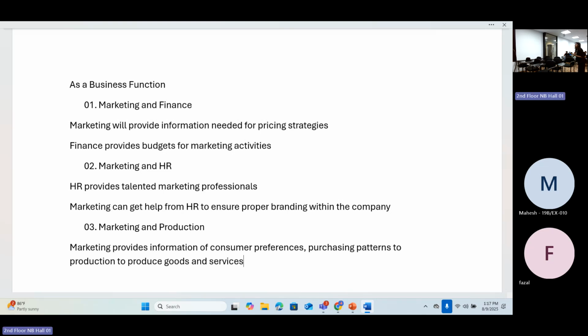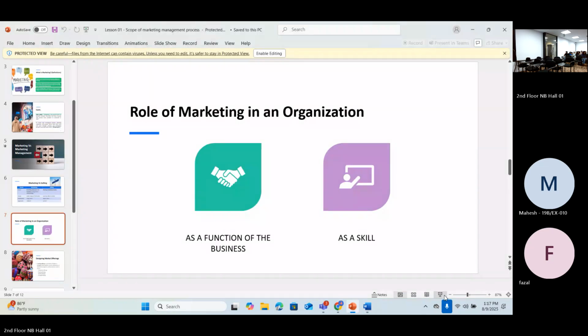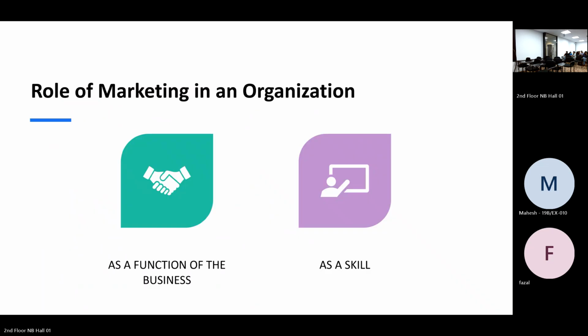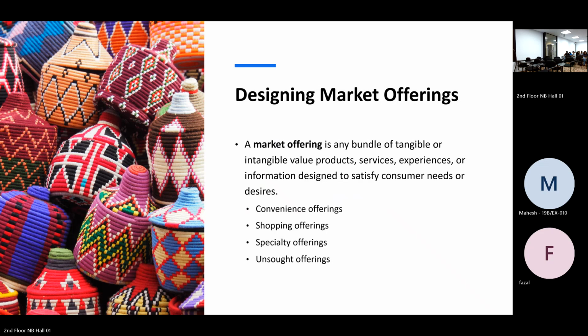Then we are going to learn this one, designing market offerings.